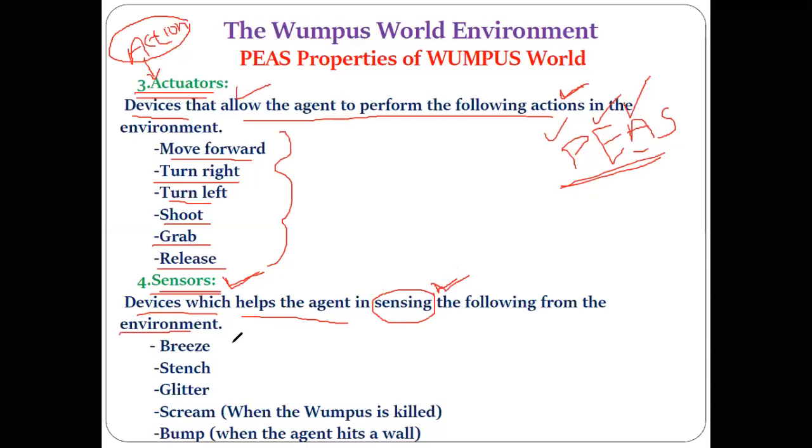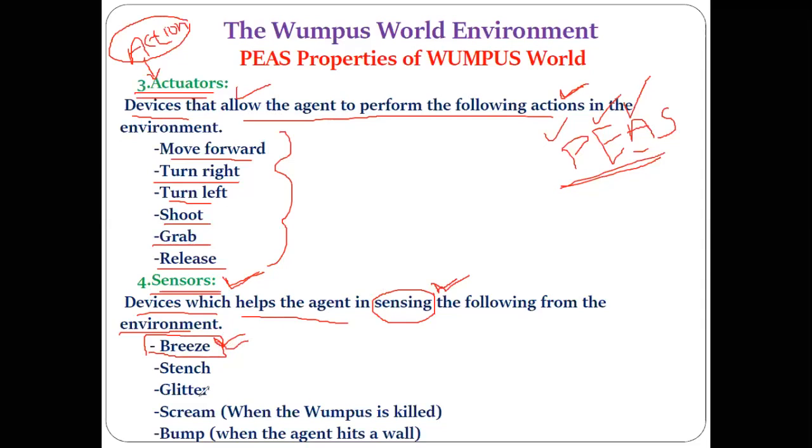Specifically, in the Wumpus World environment, first we need sensors related to sensing the breeze. We need a sensor to sense the good smell. Understood? For that purpose we need a different kind of sensor.